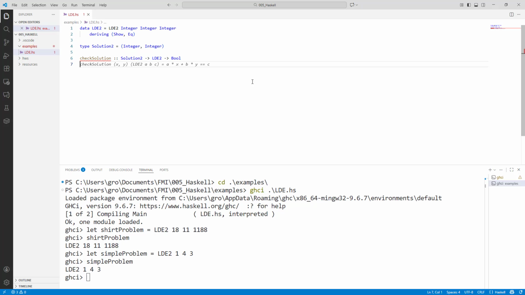But calculating the stuff is where our magic works. Okay, so checkSolution x y, and then LD2 a b c equals a times x plus b times y equals c. I cannot agree more with the proposal. It works. Imagine that I was the one writing it.